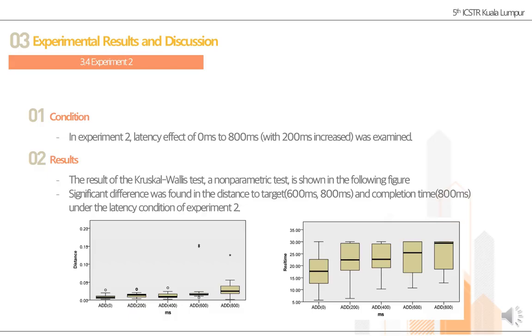The second point is research. The result of the Kruskal-Wallis test, a non-parametric test, is shown in the following figure. A significant difference was found in distance to target and completion time under the latency condition of the second experiment.